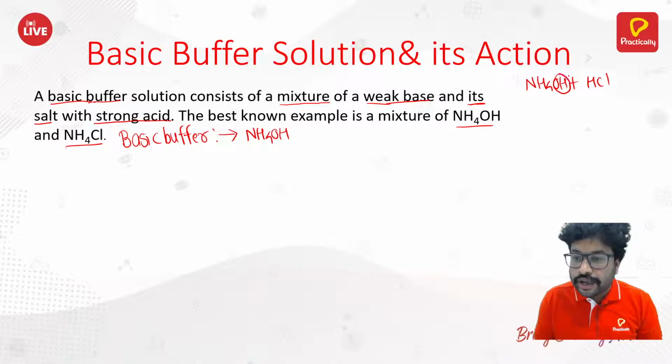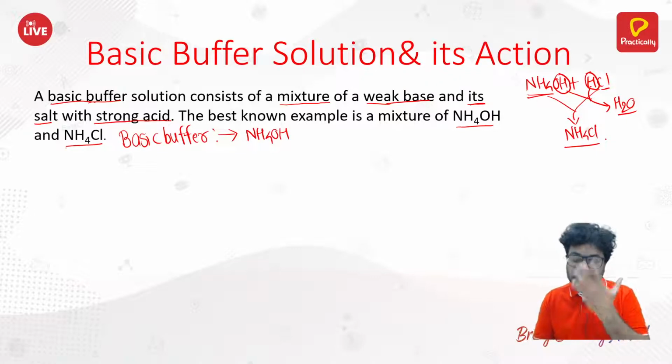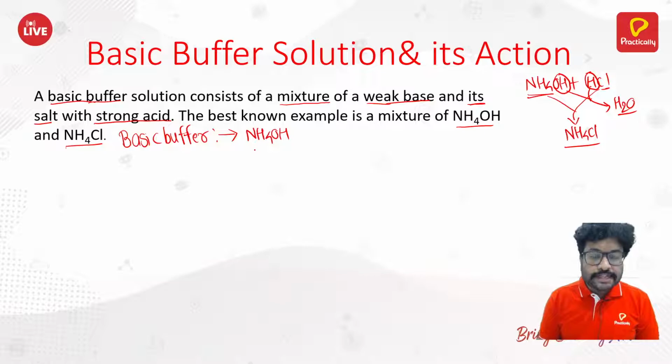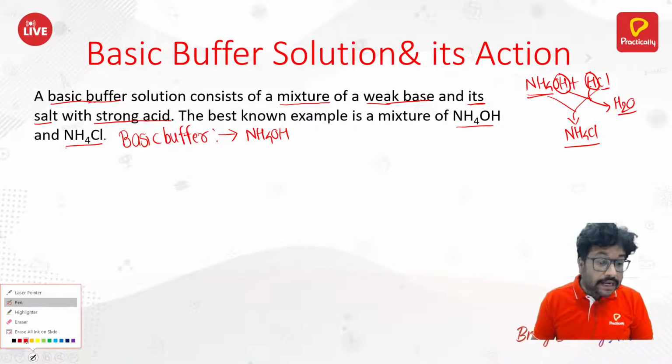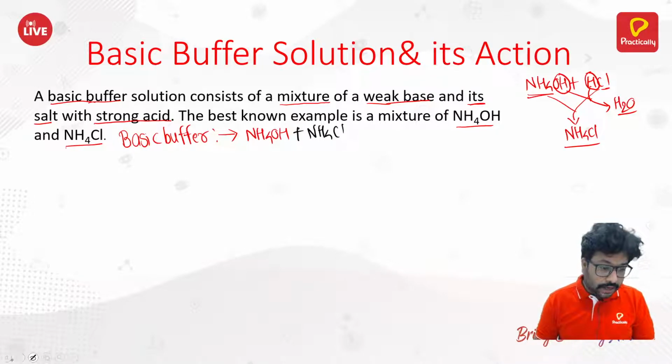This OH and this H plus ion together give you water, right? What remains is NH4 plus Cl minus. So both of these give you NH4Cl. So NH4Cl is the salt of a weak base and a strong acid. So a basic buffer is a mixture of NH4OH and NH4Cl.